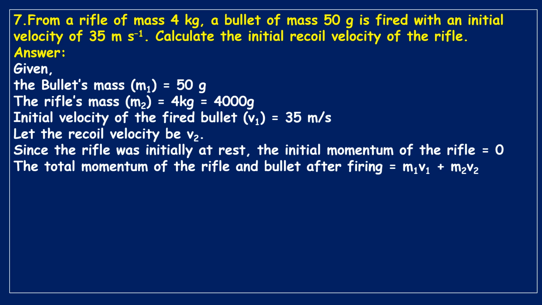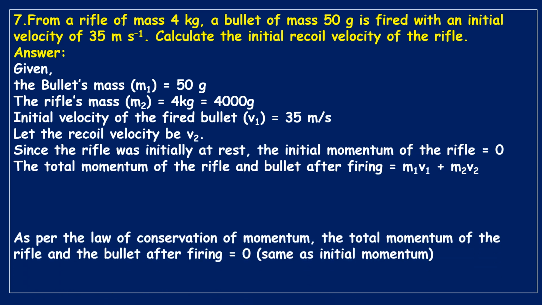Before firing, the bullet is given as 35 meters per second and the rifle is 0. But after firing, the total momentum of the rifle as well as the bullet is m1v1 plus m2v2. m1v1 is the momentum of the bullet, m2v2 is the momentum of the rifle.